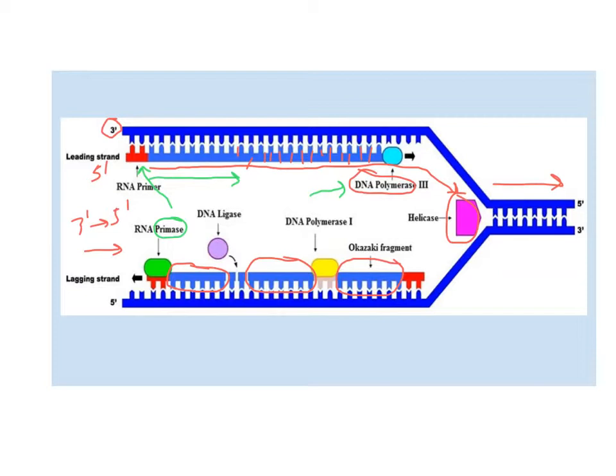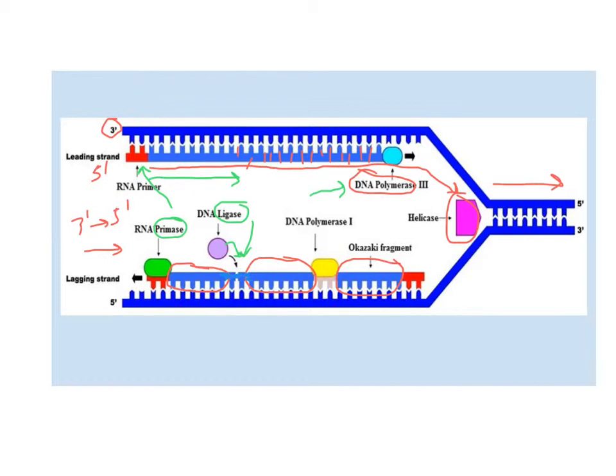Now, if you want a little more extra credit, there's another enzyme called ligase. And you can see right here, in between the Okazaki fragments, those nucleotides are not bonded together. So ligase comes in there and actually bonds those Okazaki fragments together.